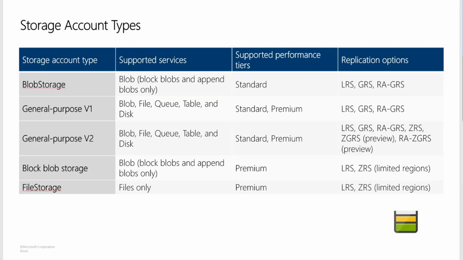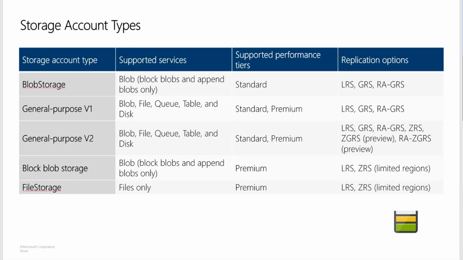File storage accounts are premium performance and can only use file storage. Then we have blob storage accounts, blob-only storage accounts. They can be used only for blob, that's block blobs and append blobs only, and it doesn't have a premium tier.